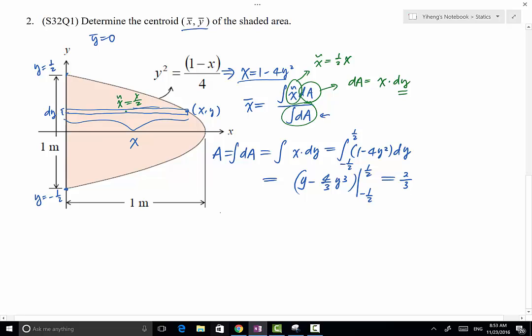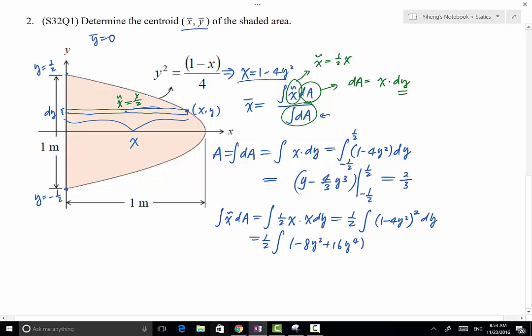And we need to also find the numerator, which is the integration of x tilde dA. So that equals, x tilde is half x, dA is x dy, so this is actually 1/2 times x squared. 1/2 is a constant that can be pulled out. So this is 1 minus 4y squared, that's x squared, dy. So this equals 1/2 integration of 1 minus 8y squared plus 16y to the 4th power dy.